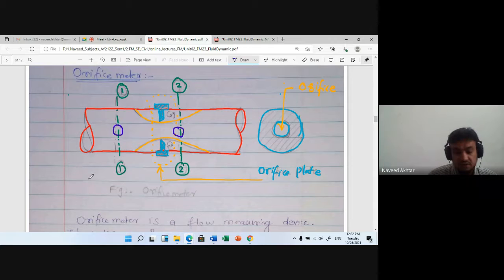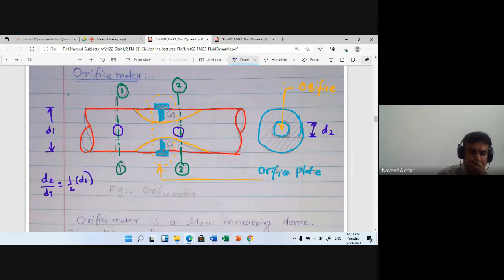If I say that d1 is the pipe diameter, and d2 is the orifice diameter, the ratio of d2 upon d1 is generally taken as half of d1, but its range is also given.